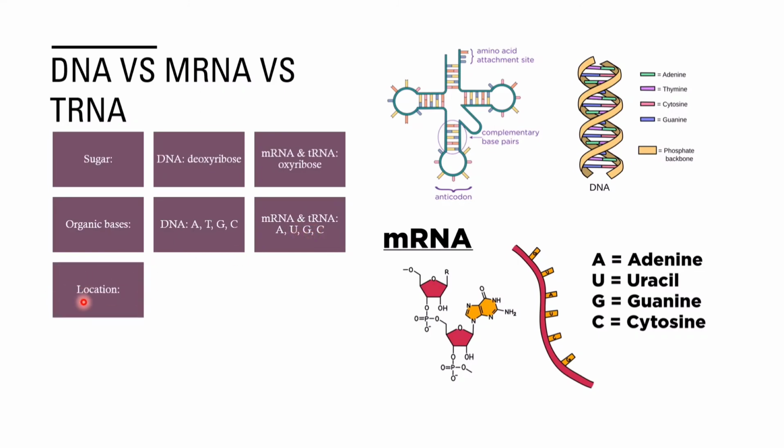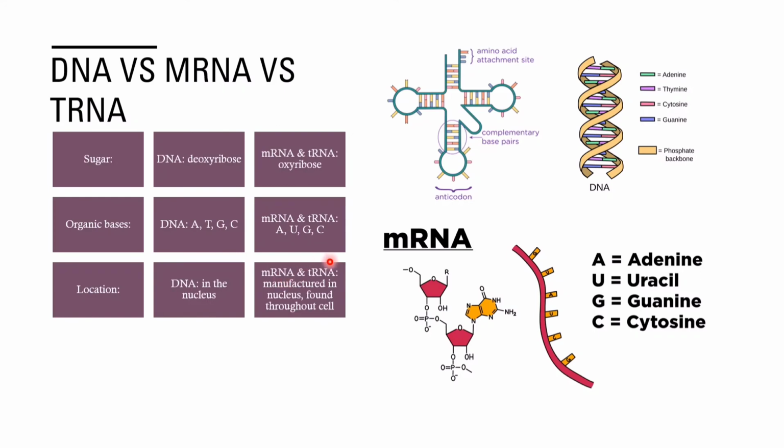Its location: DNA is found in the nucleus, and mRNA and tRNA, although manufactured in the nucleus, can be found all throughout the cell. This is because our mRNA has to reach the ribosomes in the cytoplasm for protein synthesis, and our tRNA also has to reach the ribosomes for protein synthesis.